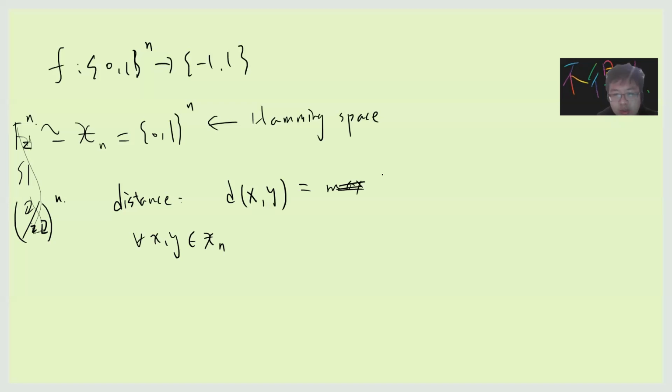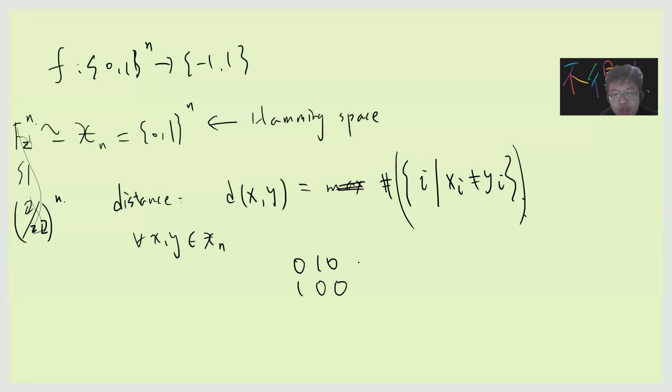So it's the number of i such that x_i is different from y_i. For example, for 0,1,0 and 1,0,0, the distance is 2, because the first one and second one are different.